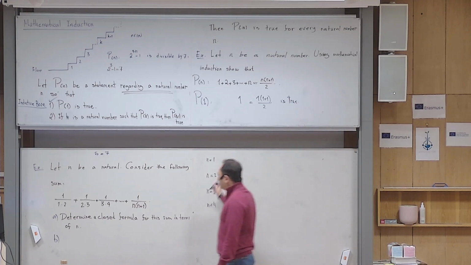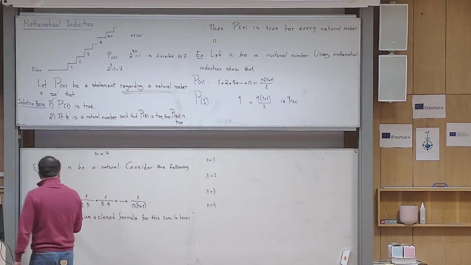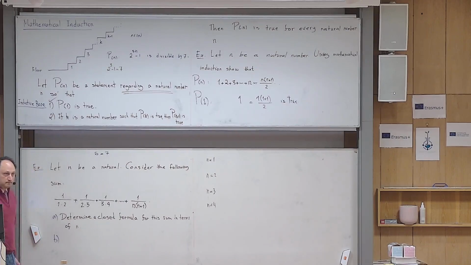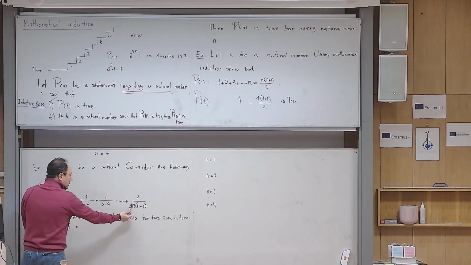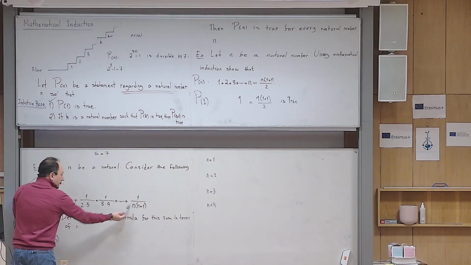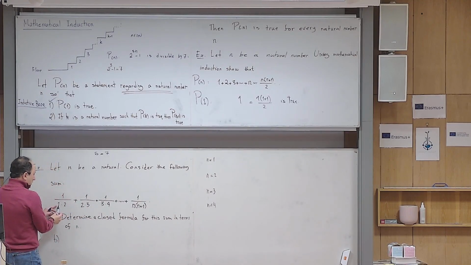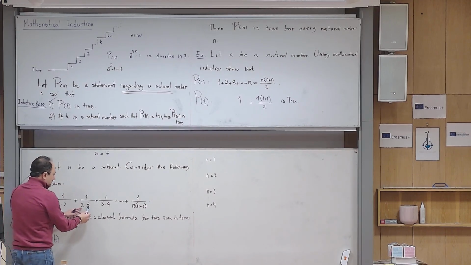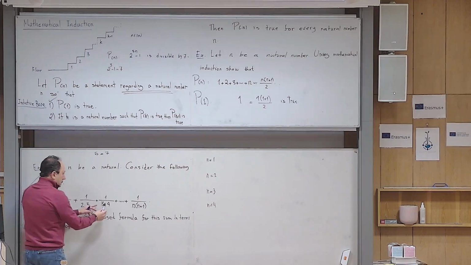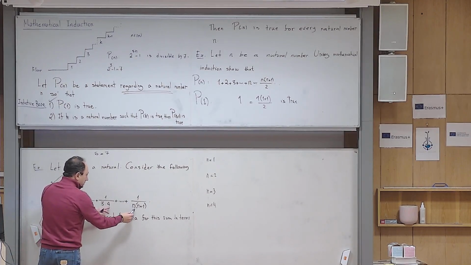If n is equal to 1, what do you think this number will be? If n is equal to 1, what is the result of this sum? 1 over 2, yes? Because when I give you n, you start from 1 times the next number, then you go 2 times the next number, then 3 times the next number, and you continue this list until you reach the number n that I give.